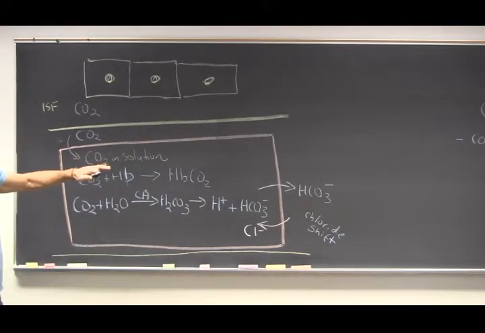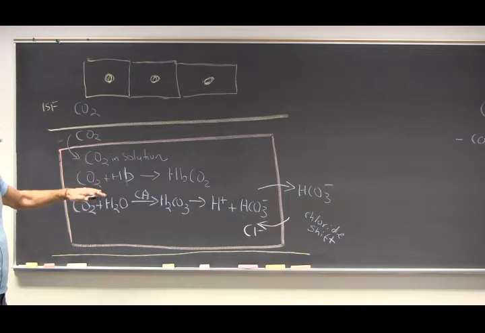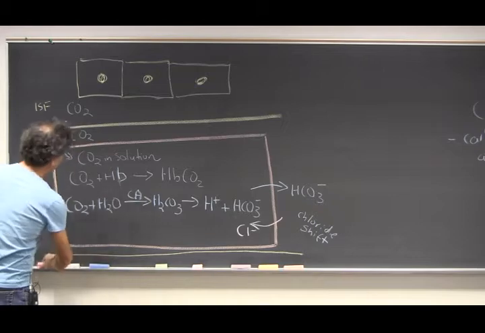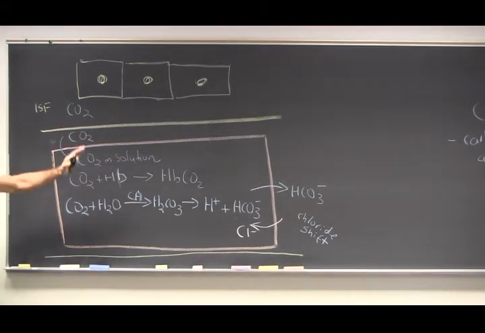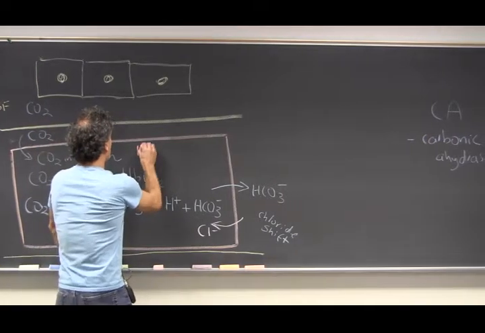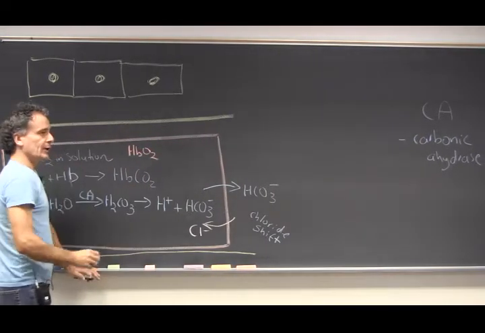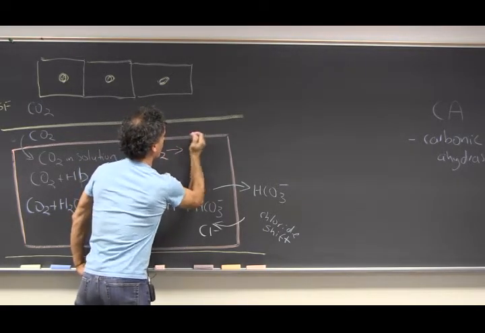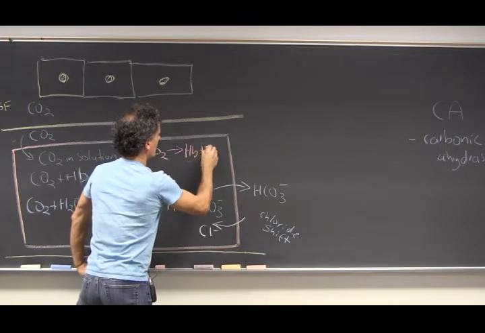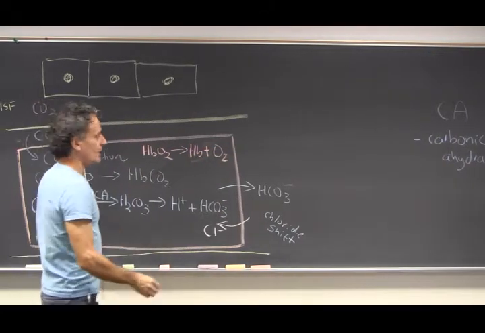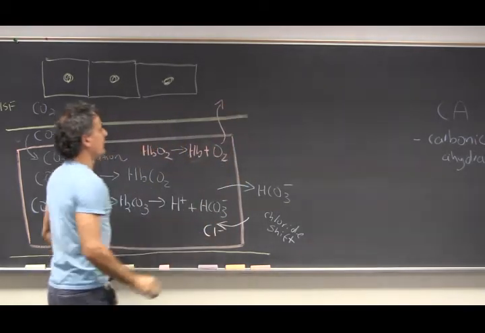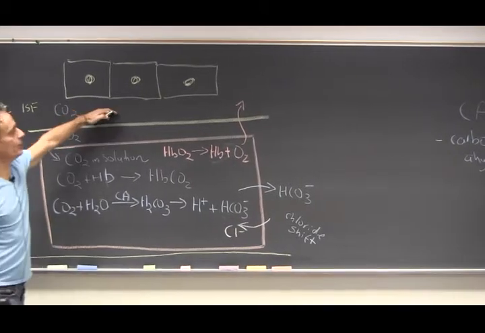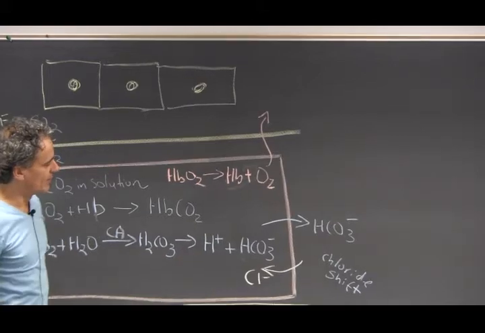Now, it's very hard to talk about CO2 transport in plasma without also talking about what's going on with oxygen. So with oxygen, as this blood passes through the systemic capillaries, the hemoglobin that had O2 bound to it, the oxygen dissociates. And the oxygen diffuses out of the red cell, out of the capillary, into the interstitial fluid, where it's going to be used by the cells.